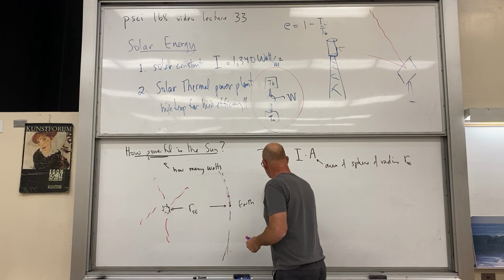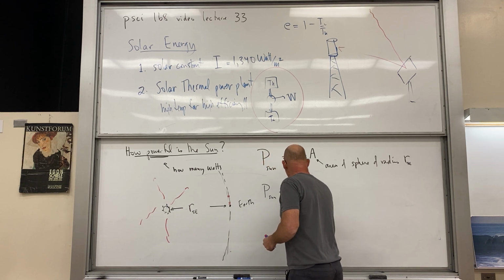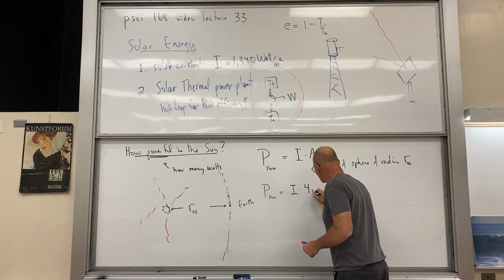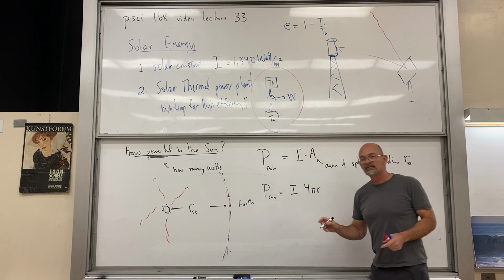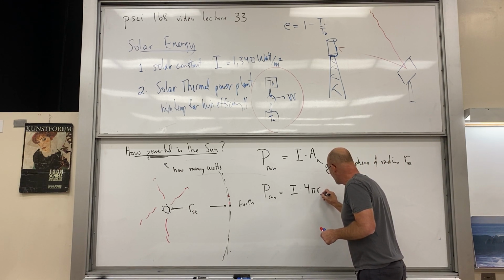So the power of the sun is equal to this I times, and now we just need the formula for the surface area of a sphere, which is 4 pi r squared.